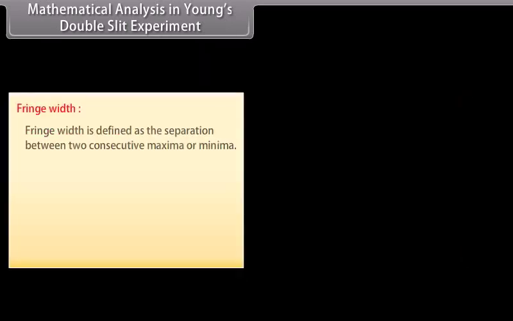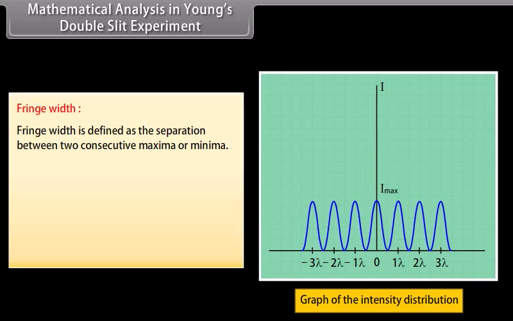Fringe width. Fringe width is defined as the separation between two consecutive maxima or minima. Beta is equal to y(n+1) minus yn, which is equal to Dλ upon small d.